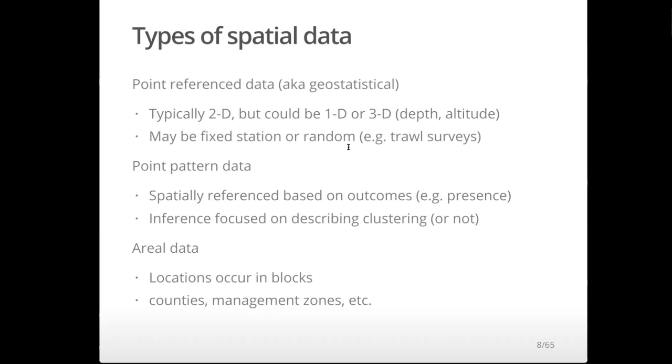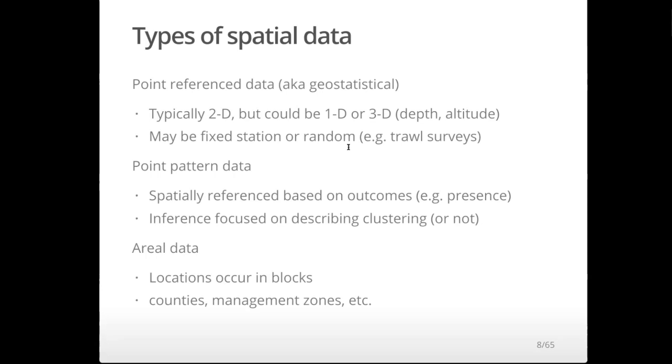You can think about this as the locations of trees in a forest, and you're interested in whether there's a random distribution, or whether there's some clustering process that determines which species are found where. With that kind of data, we don't have a measurement associated with each point. We just have a series of points. So those are the two kinds of data associated with points.